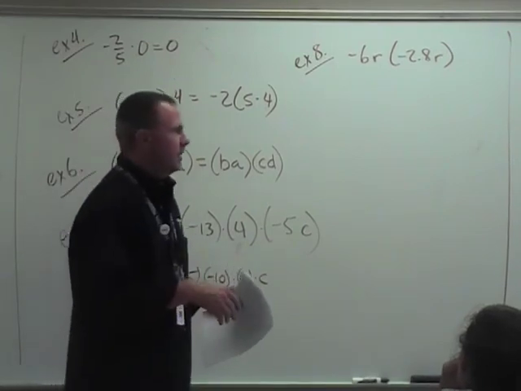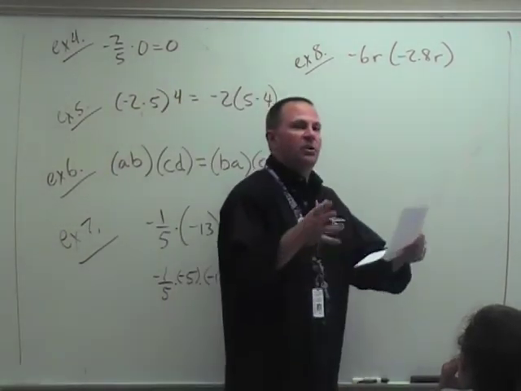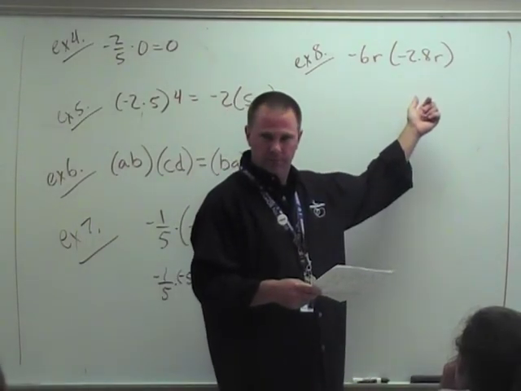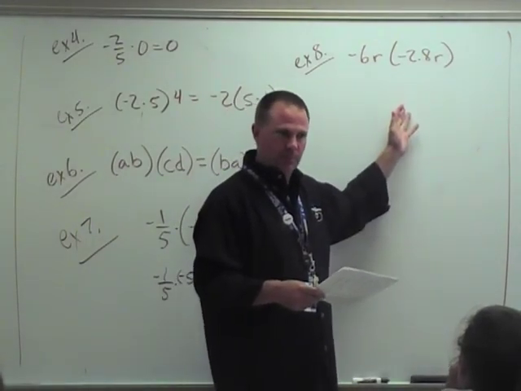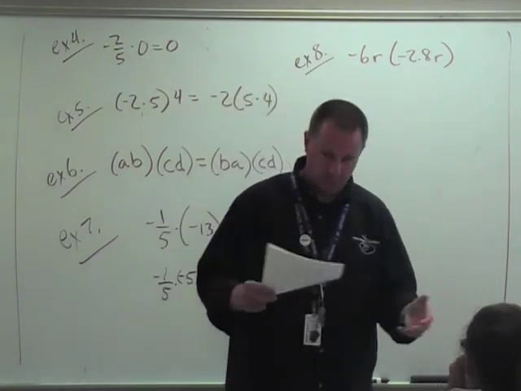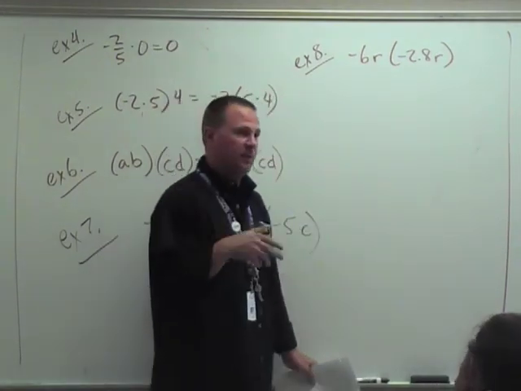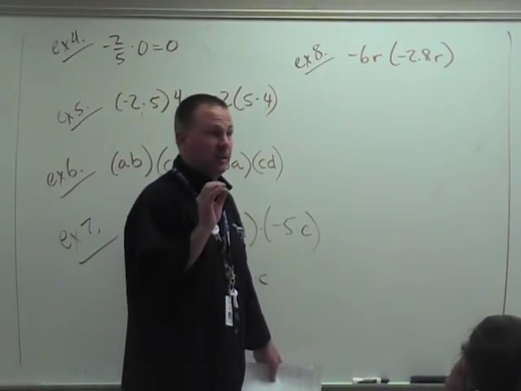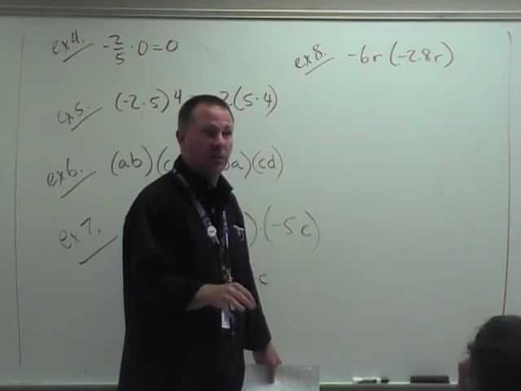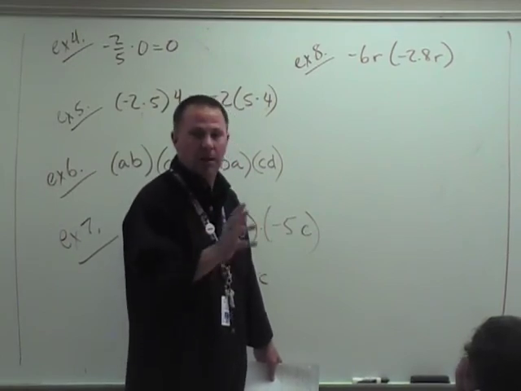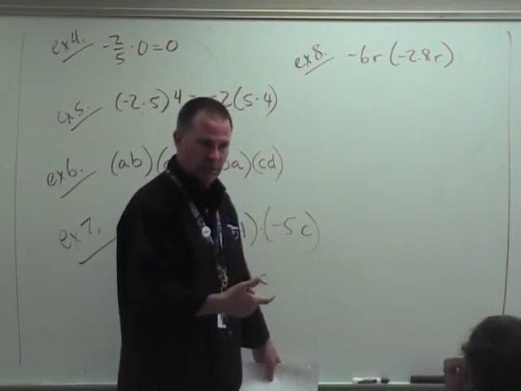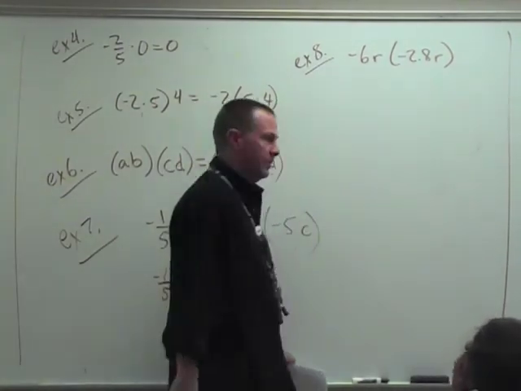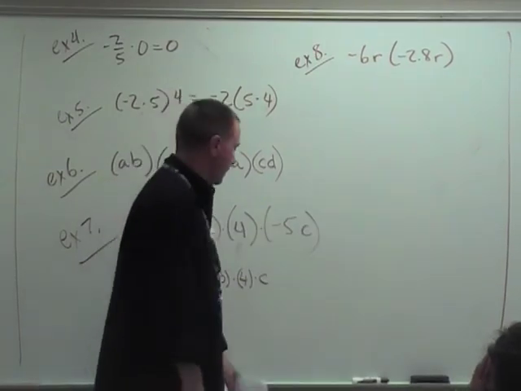The point is, you can't do that unless you understand that you can rearrange the order. That's the whole point of this problem. You guys have been doing this all along and not necessarily thinking about the fact that there is a math property that allows you to do that. And again, at some point you're not going to have any numbers, and you're going to need to be able to think about manipulating and changing things, either grouping symbols or the order of stuff.